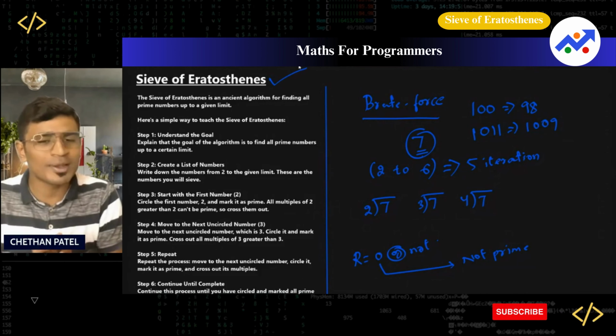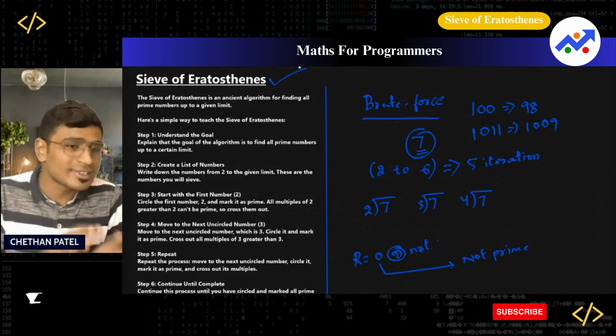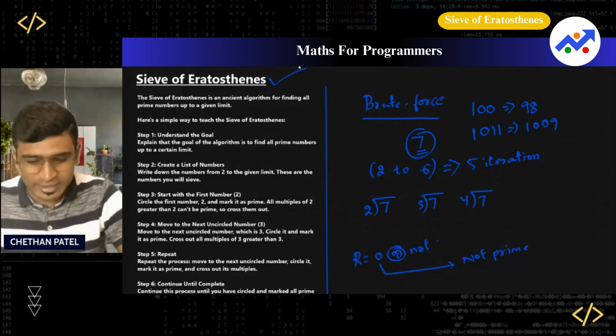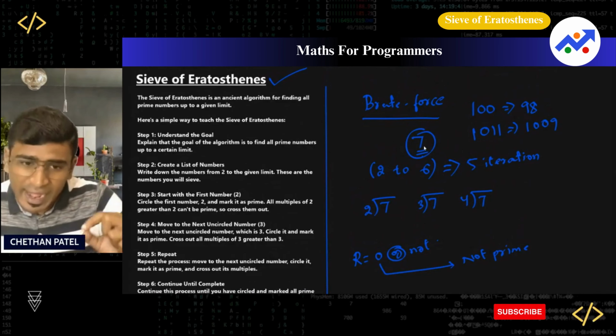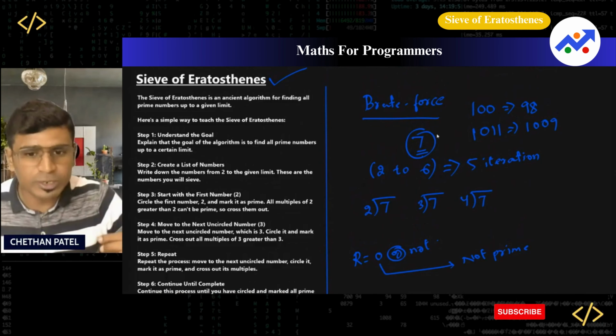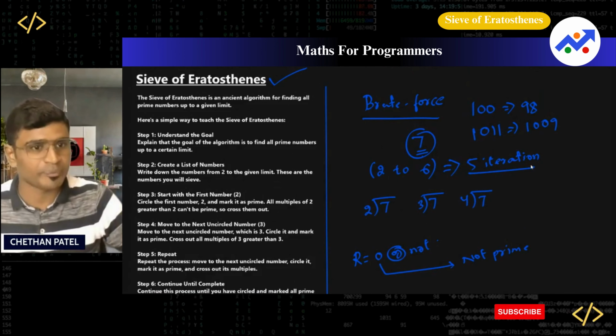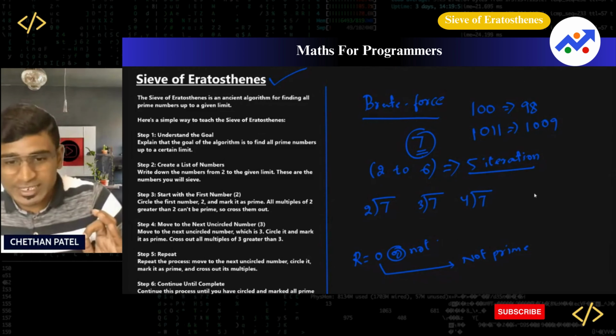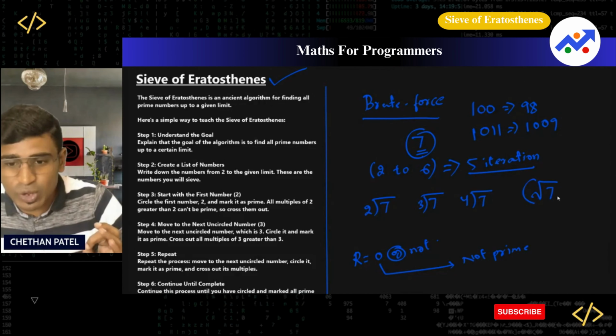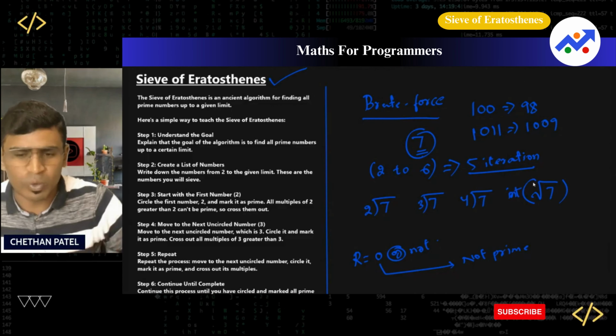To identify this particular 7 as prime or not, in the brute force approach we need 5 iterations. But the Sieve of Eratosthenes algorithm will just take the integer of root 7 times. What does it mean?